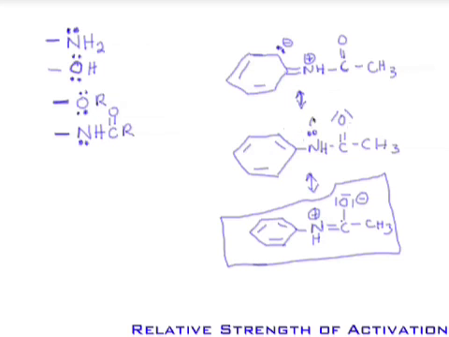So resonance isn't pushing as much electron density into the ring. Also, the positive nitrogen contributor helps increase slightly the electronegativity of that nitrogen. So overall, less electron density gets put into the ring. Just enough, not a huge amount, just enough to knock that nitrogen below oxygen in strength of activation.